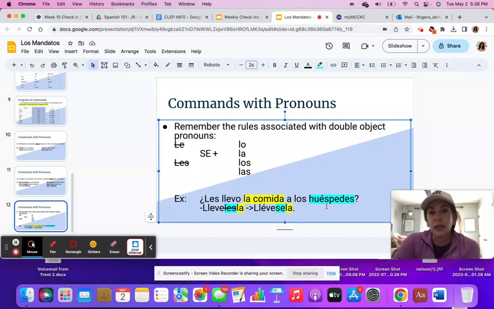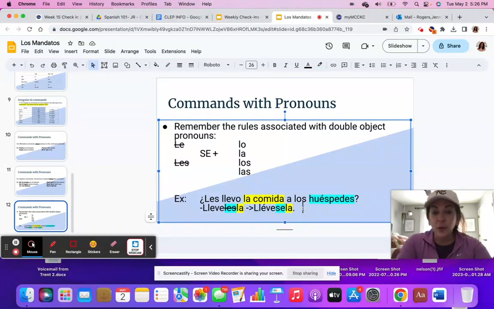So it would be sí, lleve, les, la. Lleve, les, la. Well, we can't have les, so we have to change les to se. Lleve, se, la. This is a formal command, lleve, because the infinitive is llevar.